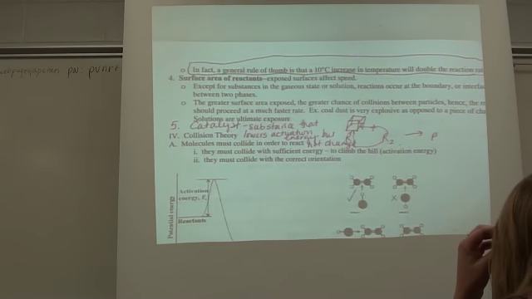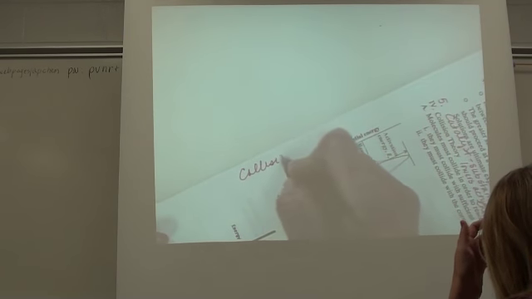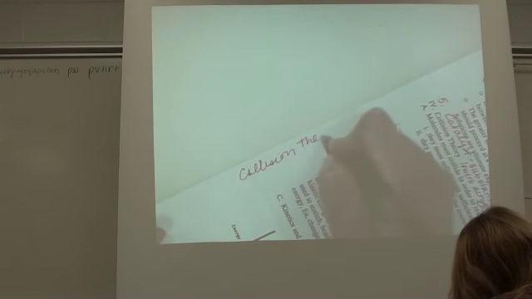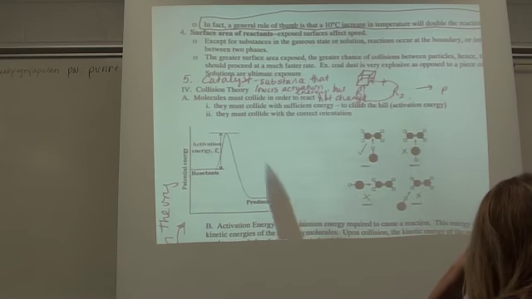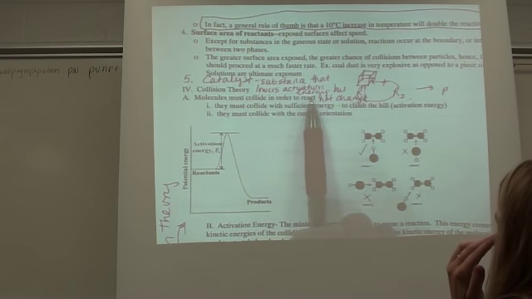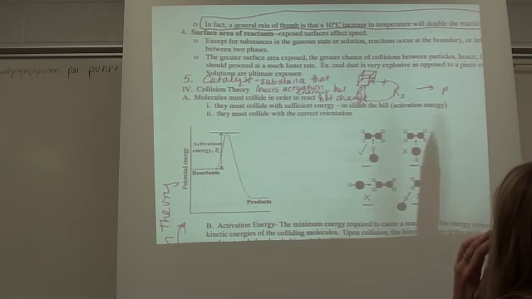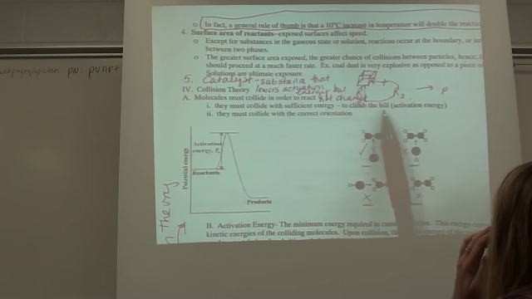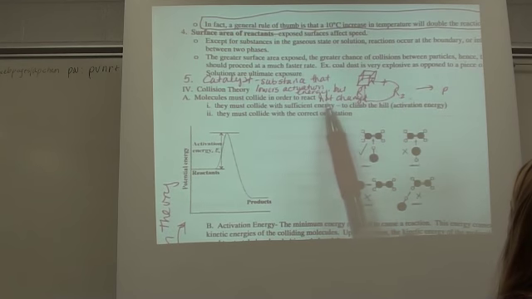All right, so the collision theory is important. That's what all of this stuff is. The first tenet of the collision theory is that molecules must collide in order to react. If they don't hit each other, then they can't react. You could have all the activation energy in the world, and if they're not colliding, they're not going to react.